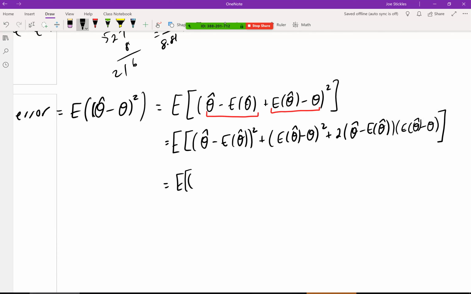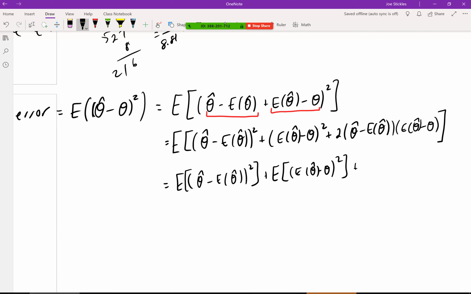First piece, I have expected value of (theta hat minus expected value of theta hat) squared. And in the second piece, we have expected value of (expected value of theta hat minus theta) squared.